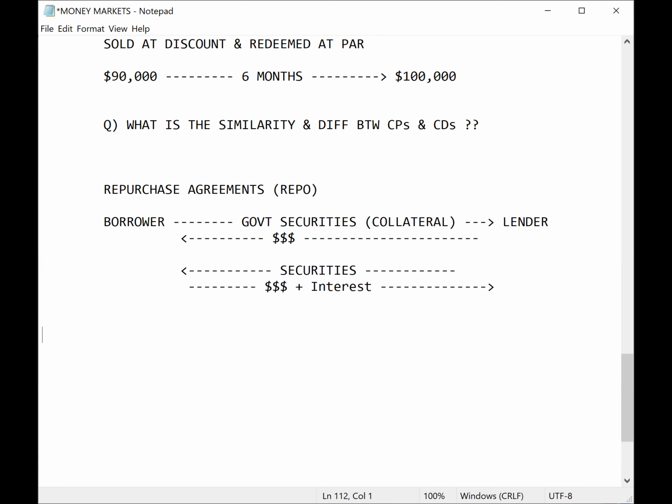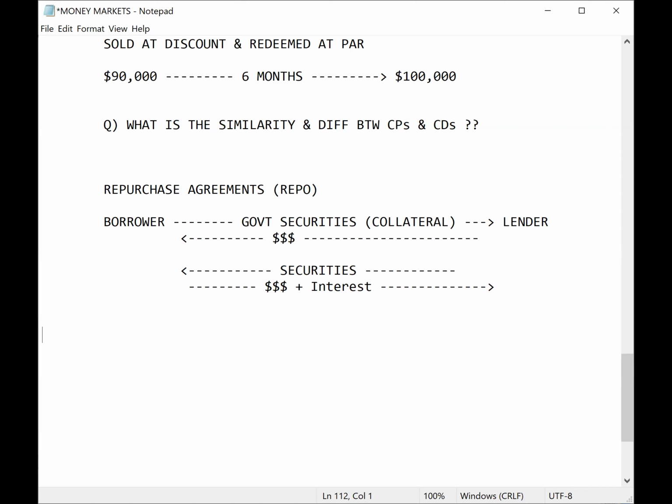What happens in a repurchase agreement? Can anybody tell me, guys, what do you think from your understanding so far is the difference between a repurchase agreement and, let's say, a commercial paper or a certificate of deposit? Sir, can you repeat once, repurchase agreement?